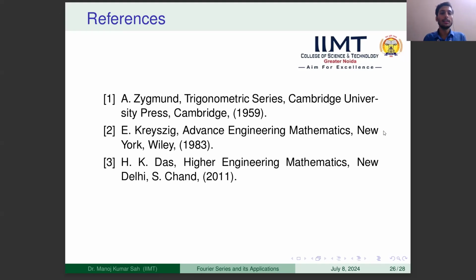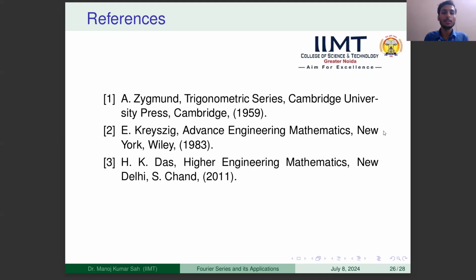Now, last is references. The first reference, the book having title Trigonometric Series, authored by A. Zygmund, and second is the book Advanced Engineering Mathematics, authored by Erwin Kreyszig.